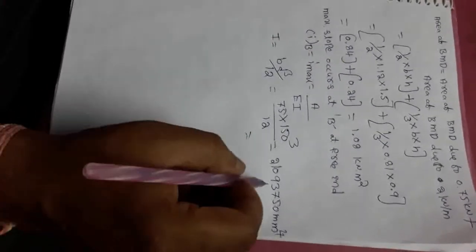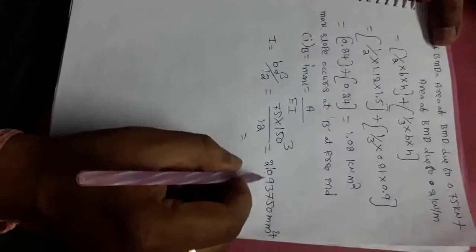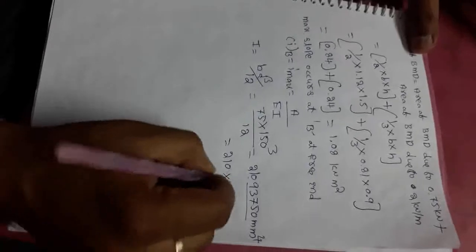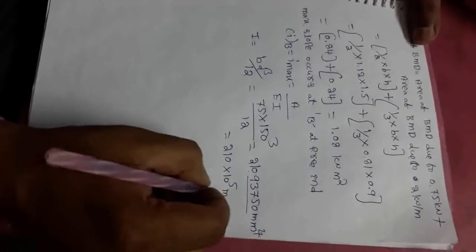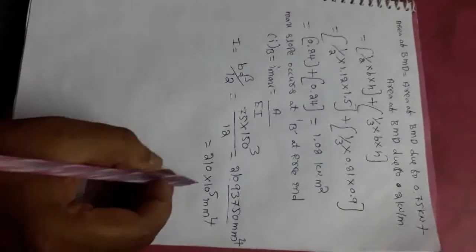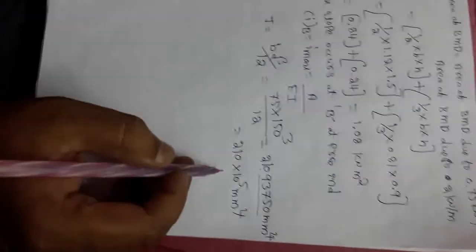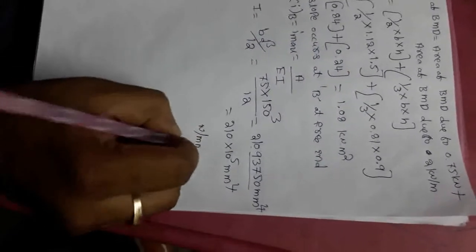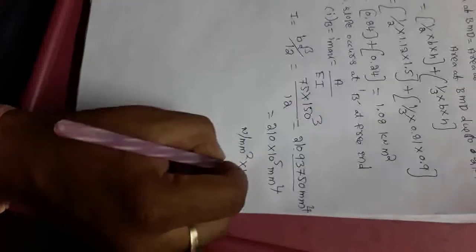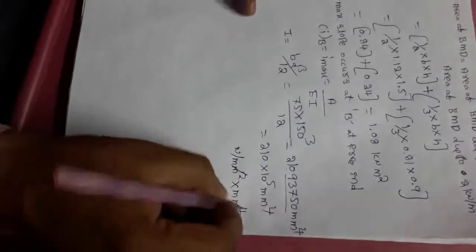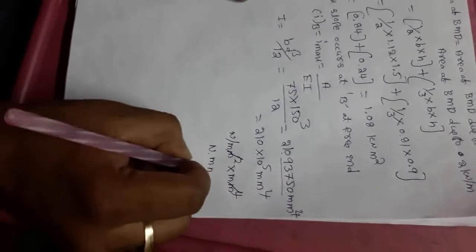You can write this value as 210 into 10 to the power of 5 mm power 4. The units: Young's modulus is Newton per mm square, and I units is mm power 4. Cancelling these units, the remaining units are Newton into mm square.